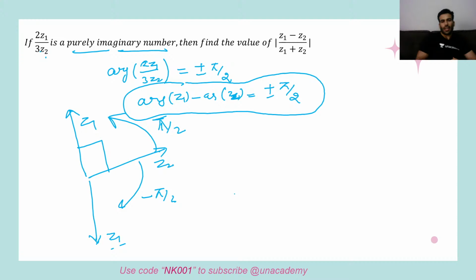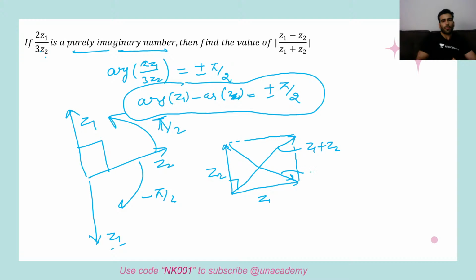Now tell me one thing. If z1 and z2 are adjacent sides, and you try to draw the parallelogram where two adjacent sides are z1 and z2, one of the diagonals would be z1 plus z2, and another diagonal would be z1 minus z2, correct?